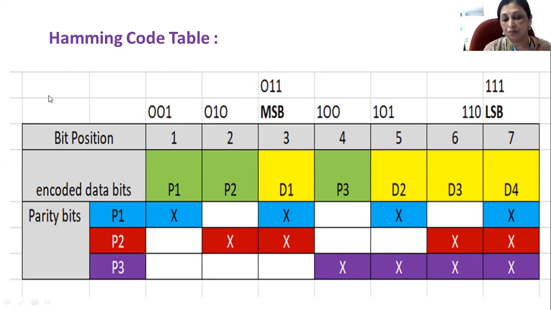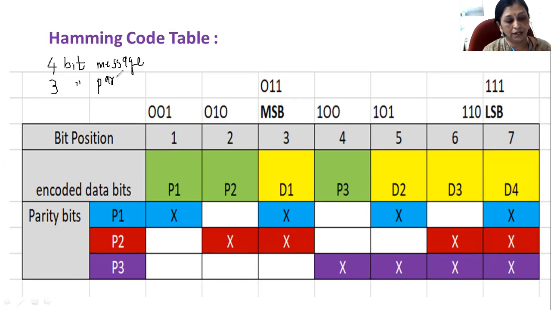Now suppose, for example, we have a 4-bit message or data stream. A 4-bit message will require 3 parity bits. How many parity bits? 3 parity bits. How? That we will see in the next example.